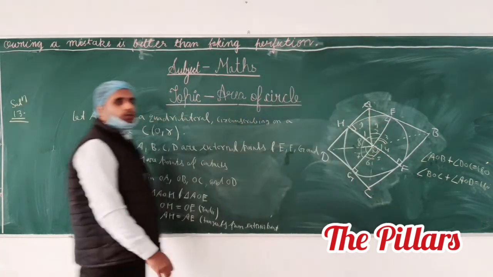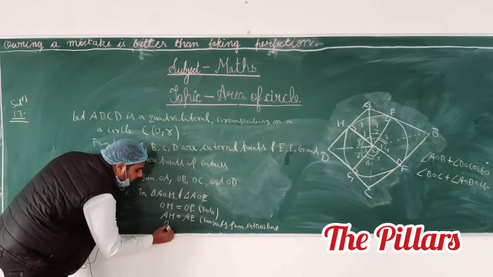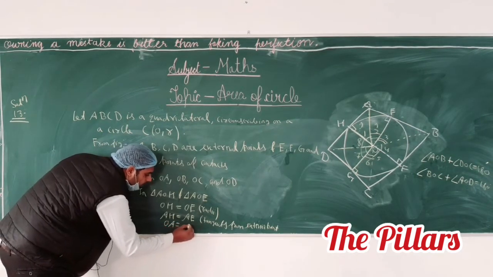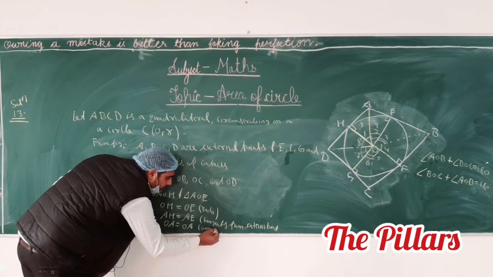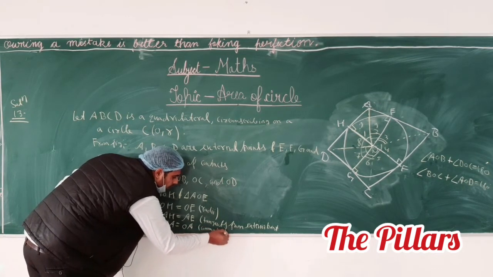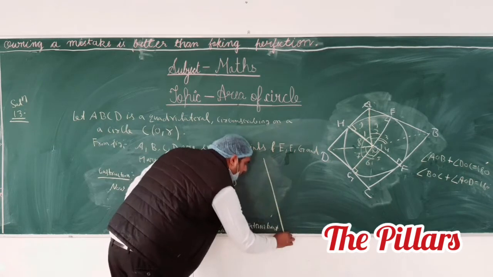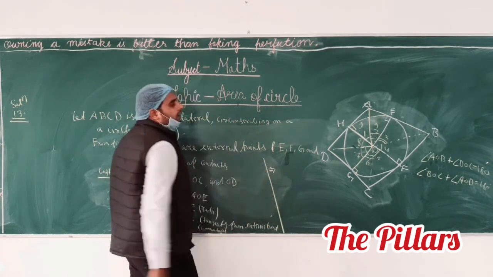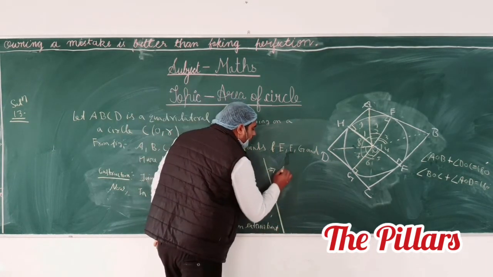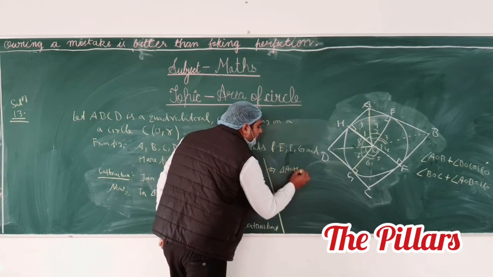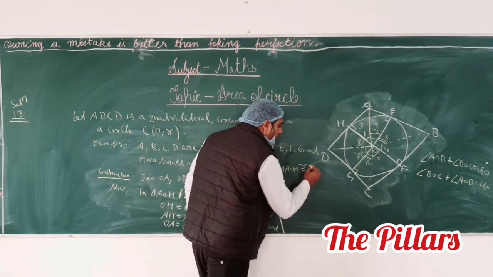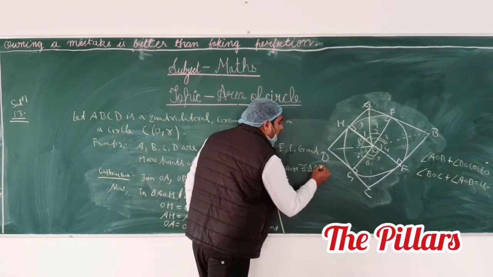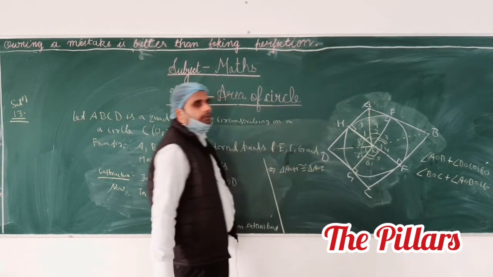OA equals OA, common side. This implies that triangle AOH is congruent to triangle AOE. Till here, anyone have any problem?